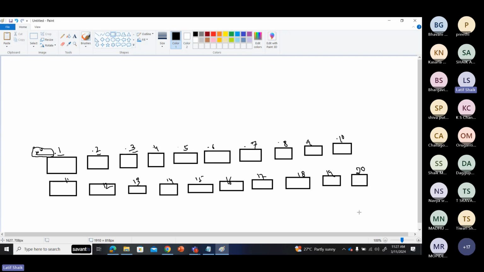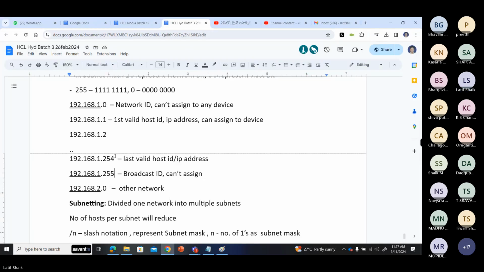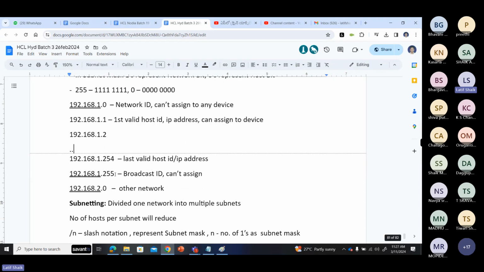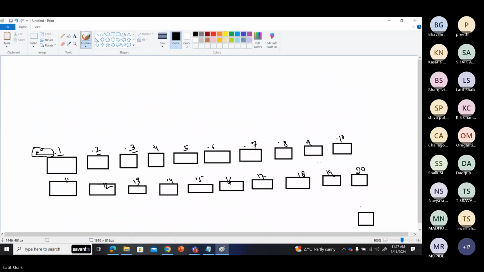I have a lot of devices, and I will keep assigning 1, 2, 3, 4, 5, 6. What is the last number I am able to assign in this series? This is the first one, second one, third one, fourth one. I keep going. What is the last number I am able to assign? Anyone?